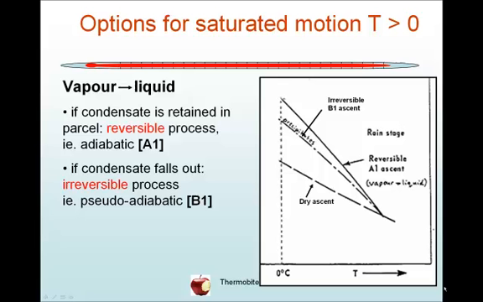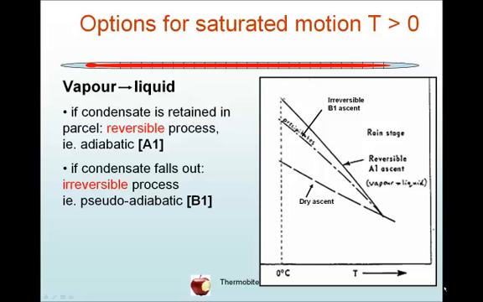If the condensate, that is the liquid, is retained in the parcel, then we say it's a reversible process. That is, it's adiabatic. That means that if we ascend up that adiabat, liquid water is realized, latent heat's released into the parcel, but the liquid water is retained so that if we move back down that adiabat, we have that liquid water to evaporate. And so the parcel moves up and down in a perfectly reversible fashion.